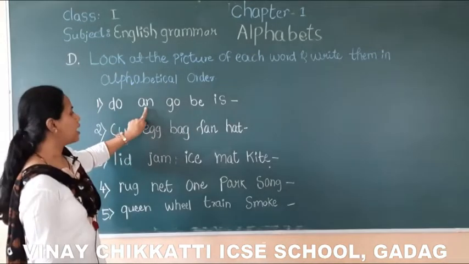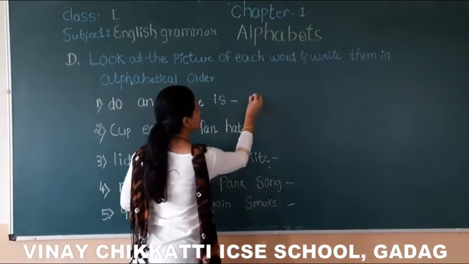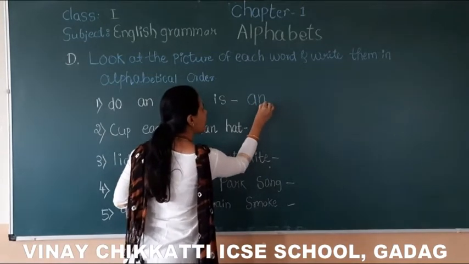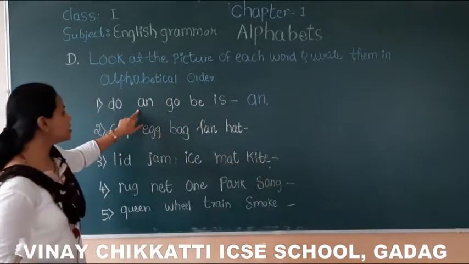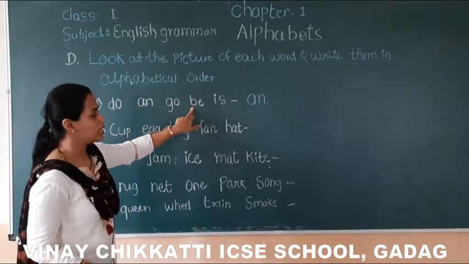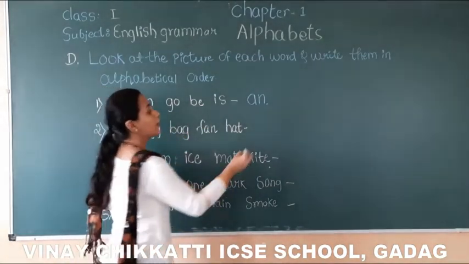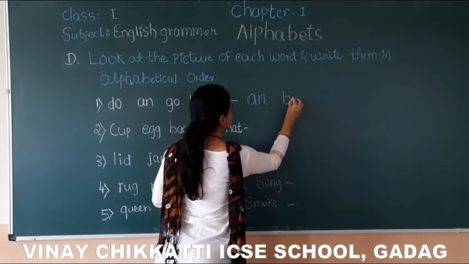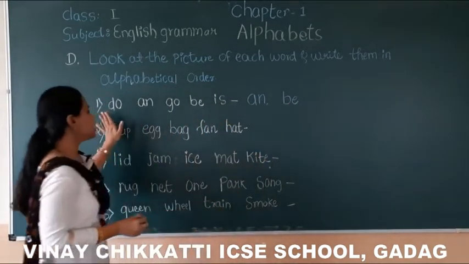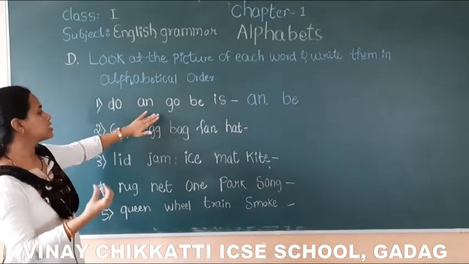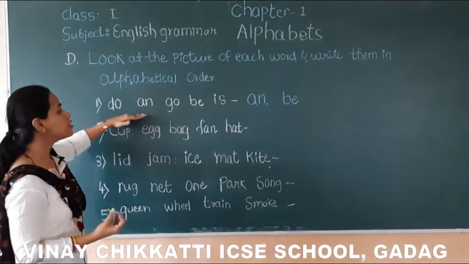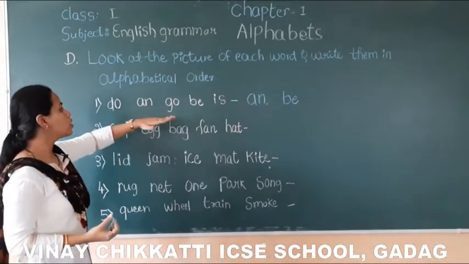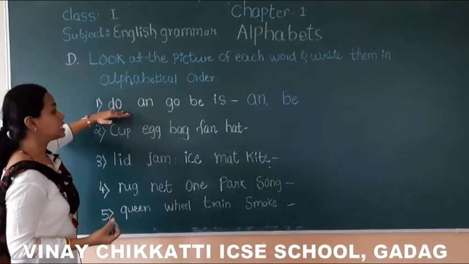A. A, N, and. So we have to write A, N, and here. Then after A, B. Yes, B, E, B. Then C. The next one will be C. But can you see C here? No. So we'll go to the D here.